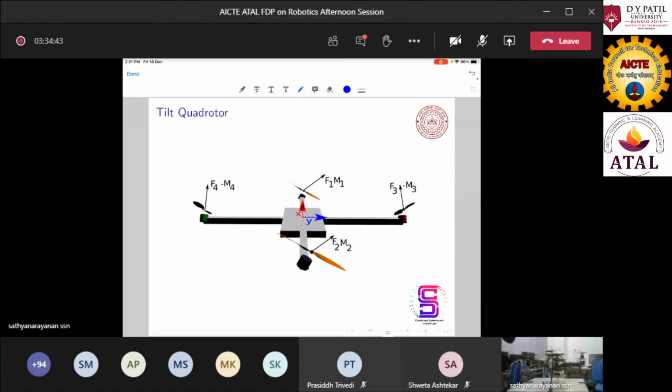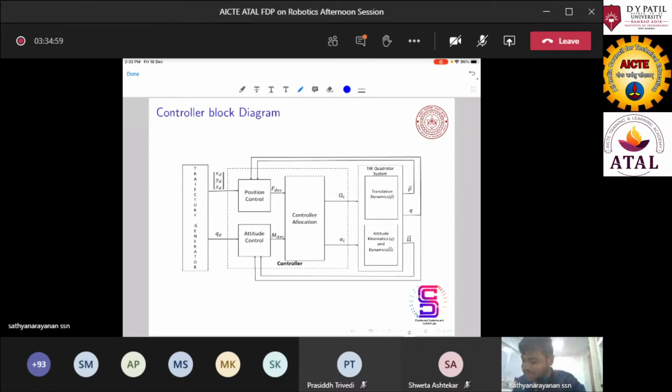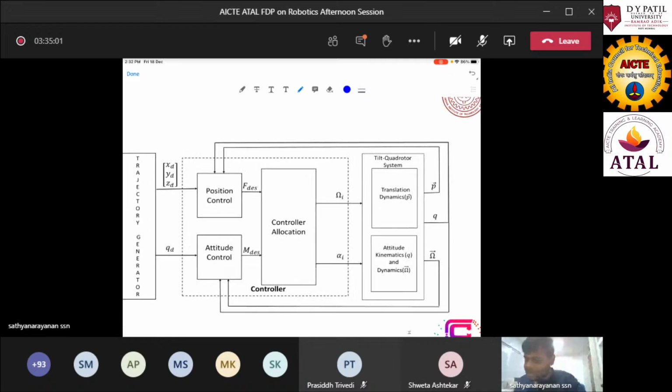I will show you some. This is the basic control block diagram. I'm not going to discuss what control allocation we have used, because our paper is still in the process of being accepted.